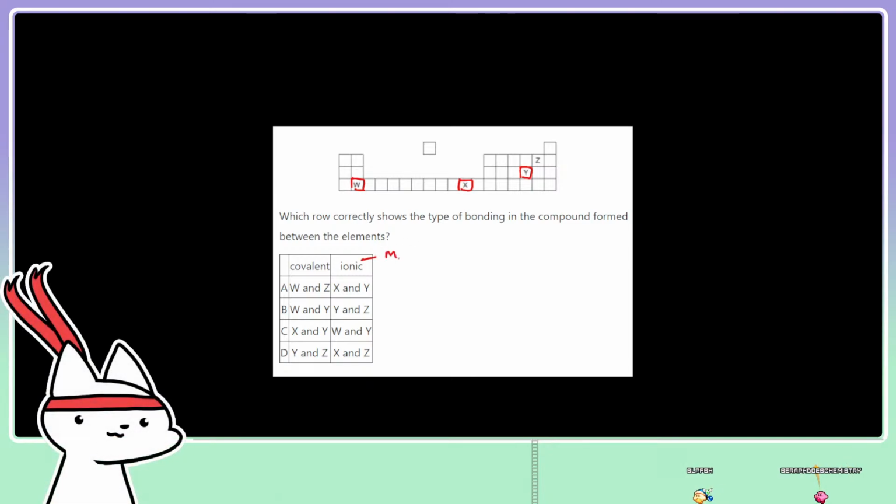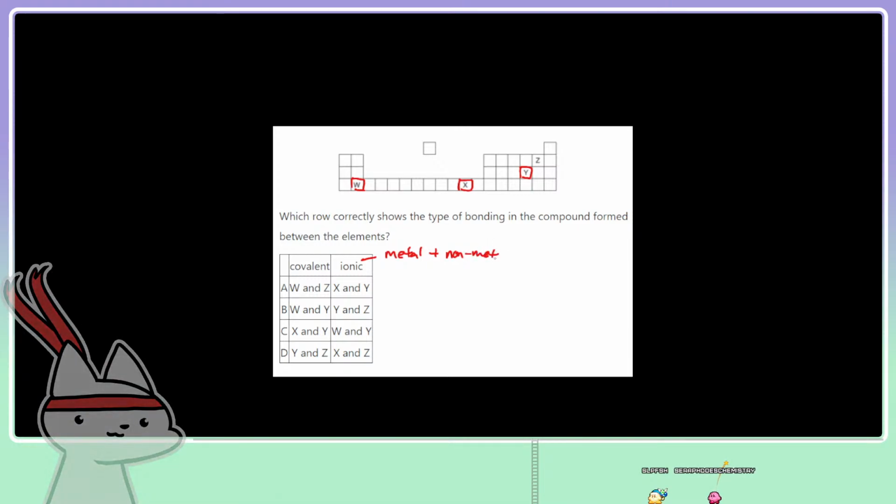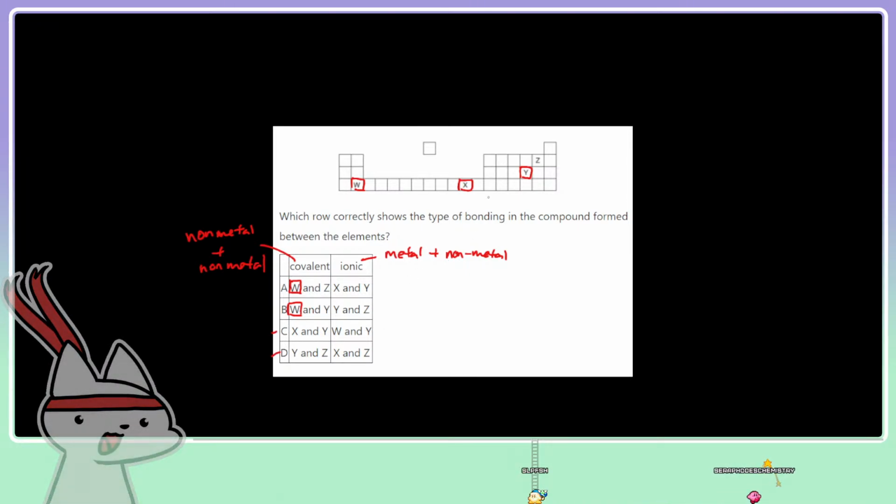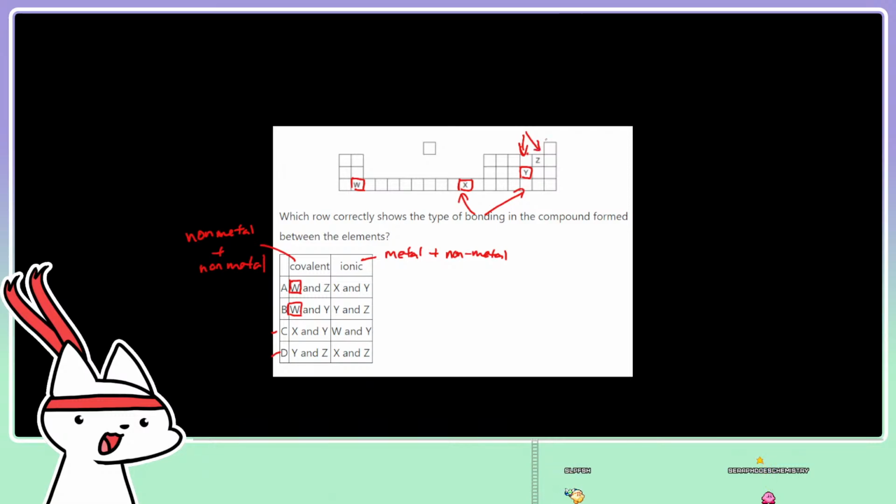Ionic should be metal plus non-metal, whereas covalent should be non-metal plus non-metal. So if you pair it up that way, W shouldn't exist in the covalent world. So in this case, the answer should be either C or D. But X and Y forming covalent makes sense, and Y and Z forming covalent also makes sense, since they are all non-metals.